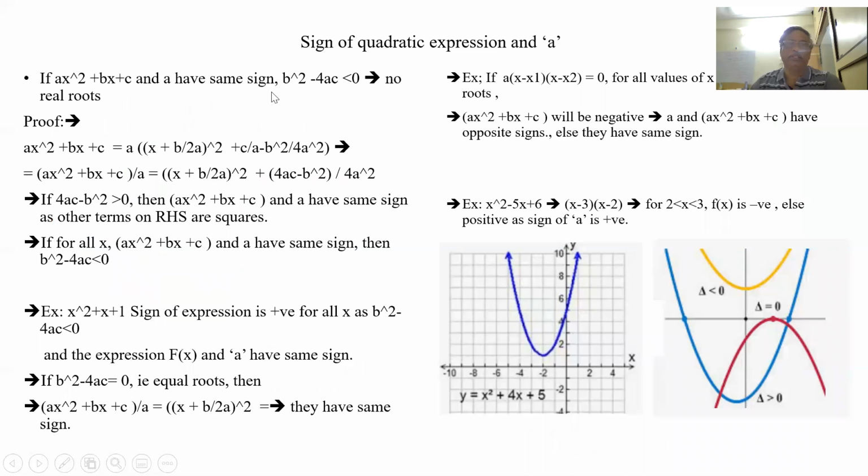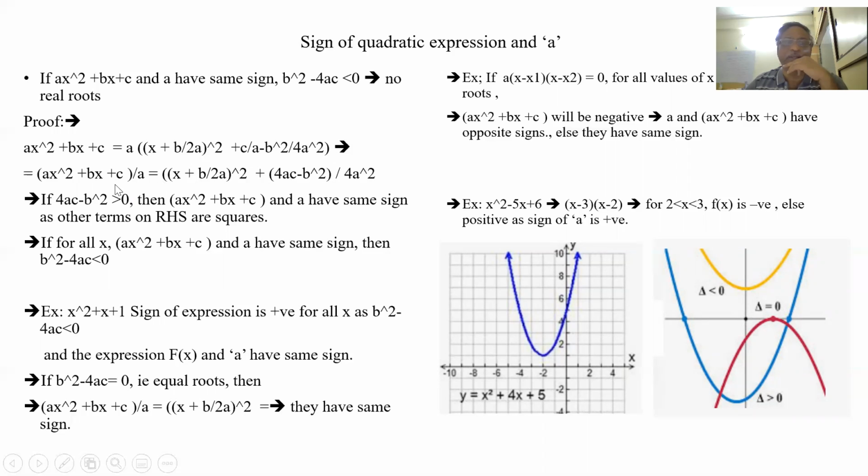So let us see the proof of this. ax square plus bx plus c can be written as a into x plus b by 2a whole square plus c by a minus b square by 4a square. I'm rearranging it in a squaring formula, so a is coming back here: a times x square plus bx plus c by a is equal to this expression.